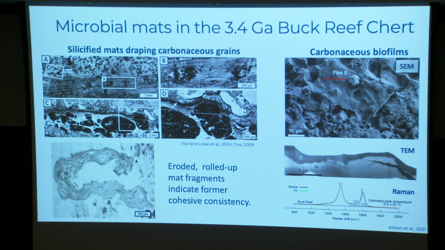And the transmission electron microscopy also shows that they are still composed of carbon, which is also then again shown by Raman spectroscopy. So you've got mature carbon that has the typical D and G peaks. In that case, it's consistent with 300 degrees Celsius, which is also the metamorphic degree of the surrounding host rock. So these structures are really indigenous, and they did not enter the rock at a later stage.